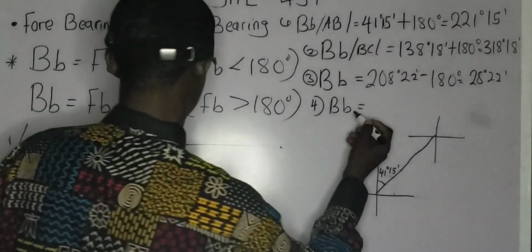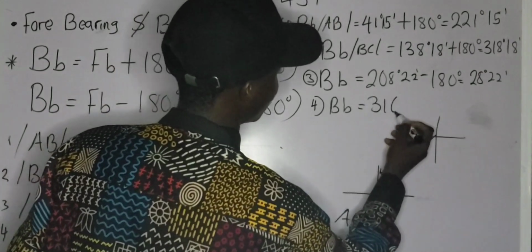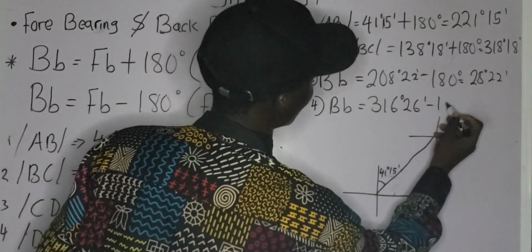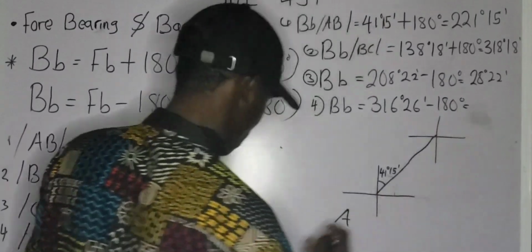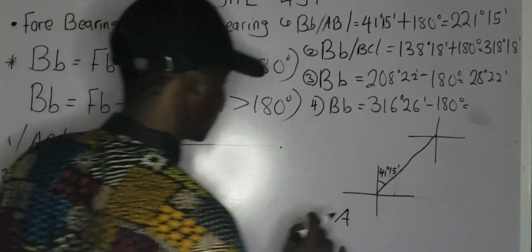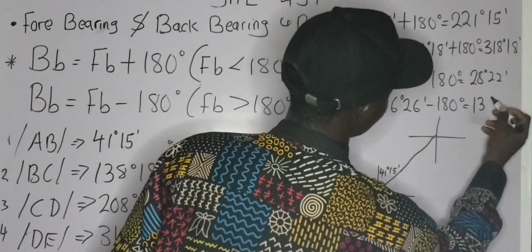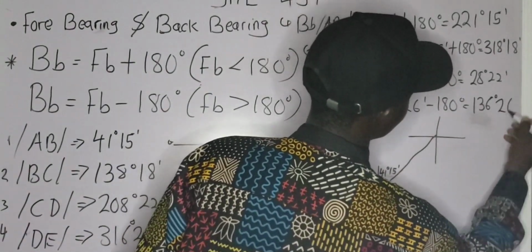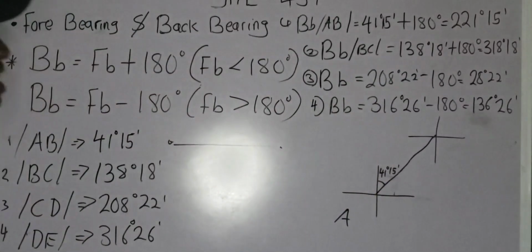That is 316 degrees 26 minutes minus 180 degrees. If you punch your calculator, you are going to get 136 degrees, 26 minutes. Do you understand? So that is how to determine the back bearing from a Fore bearing using the formula method.